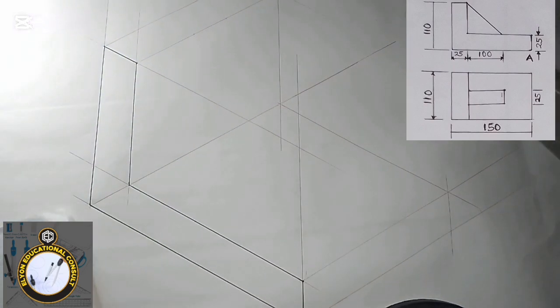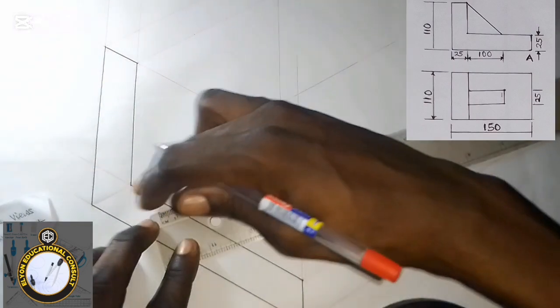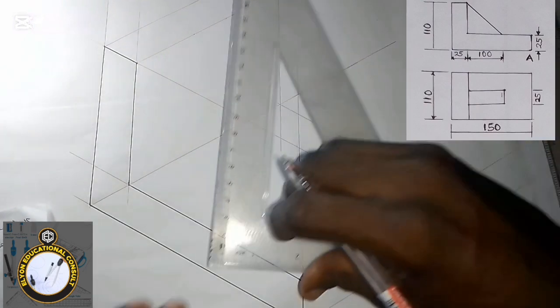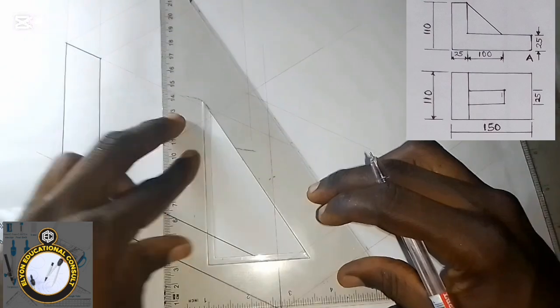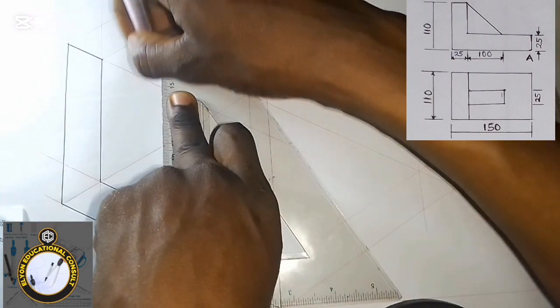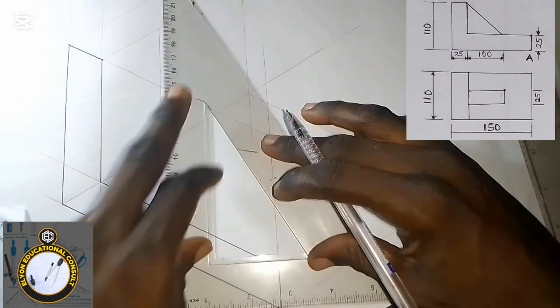So the next thing I will do, I can do the same, or I just draw a vertical line from that part. So we have this, then move it to the other one.